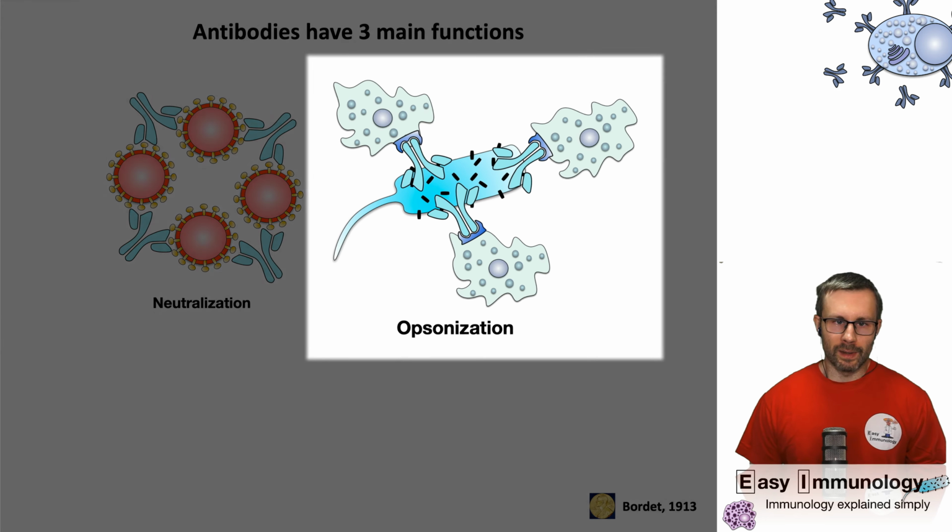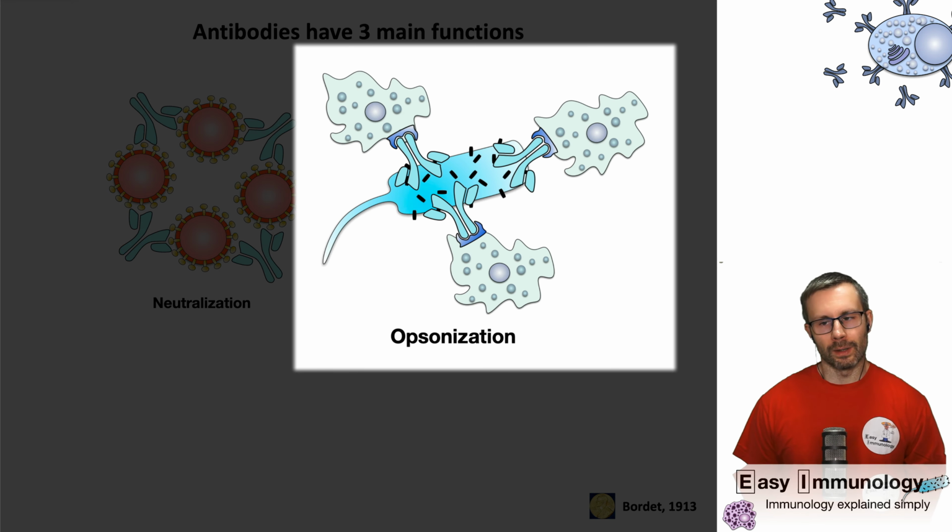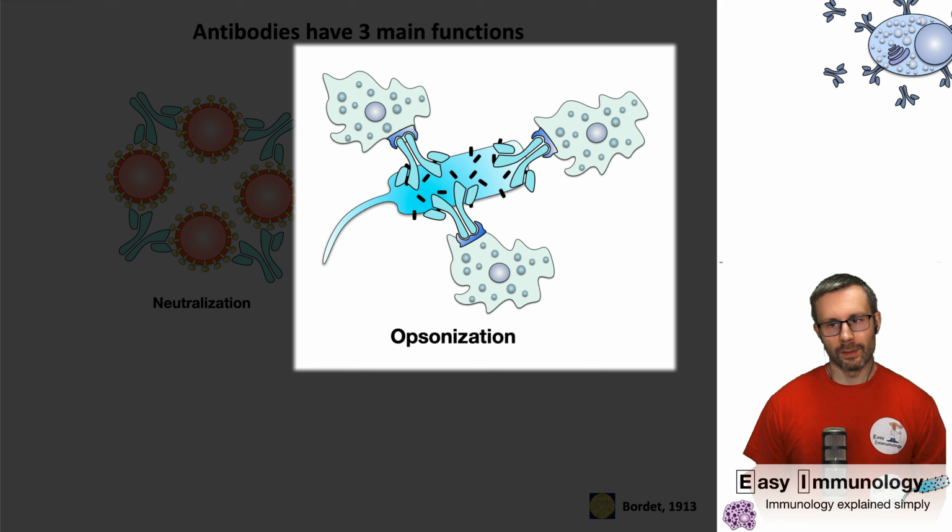Then we have the opsonization here. The antibodies act as adapter molecules to mark pathogens as foreign and dangerous and allow cells, even if they do not have the pattern recognition receptors, to recognize them as foreign and dangerous. Here the antibody acts as an adapter molecule. We've seen this, for example, with the antibodies that bind to the mast cells and then bind to the pathogen.